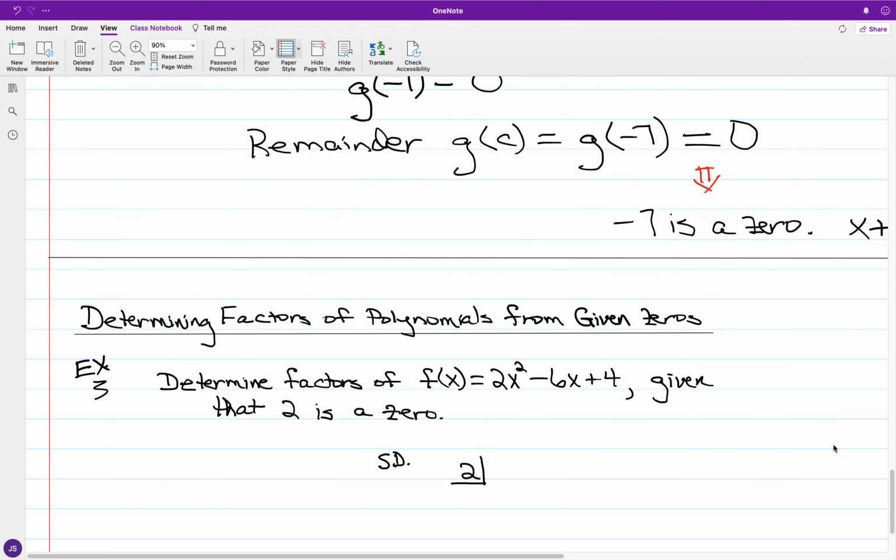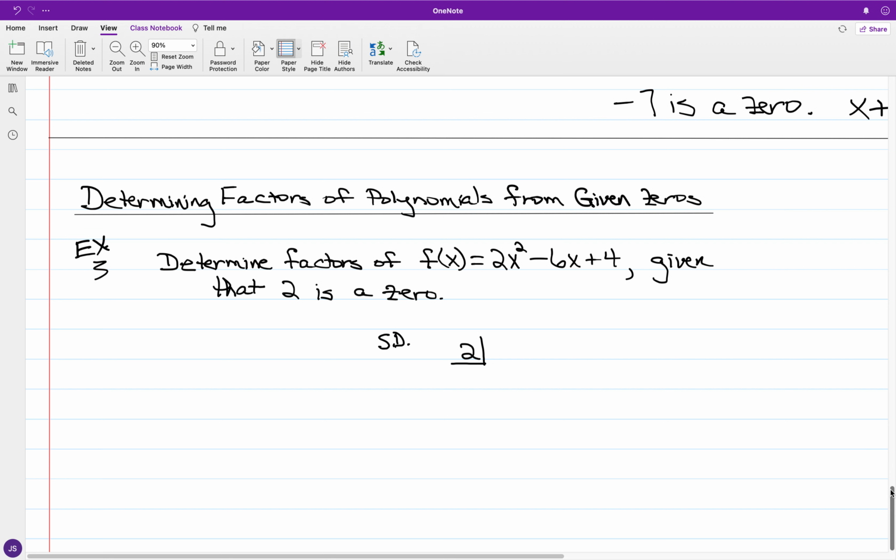If I take the coefficients of the dividend, I'm not going to go through the long division setup. We've got a second order term, a first order term, and a constant. So there are no missing degree terms. So you've got 2, negative 6, and 4.